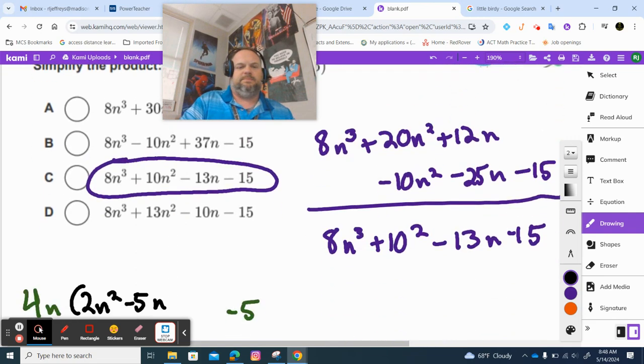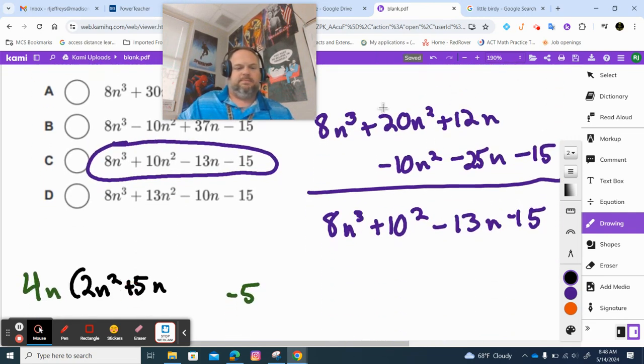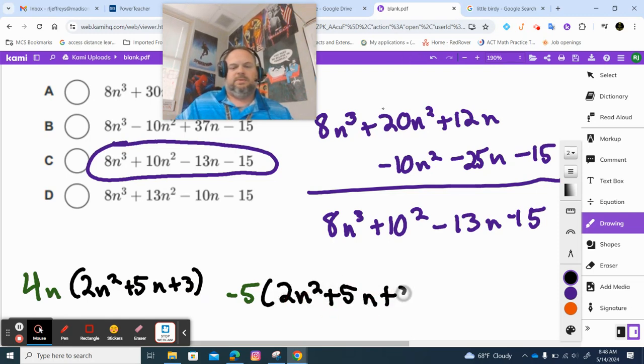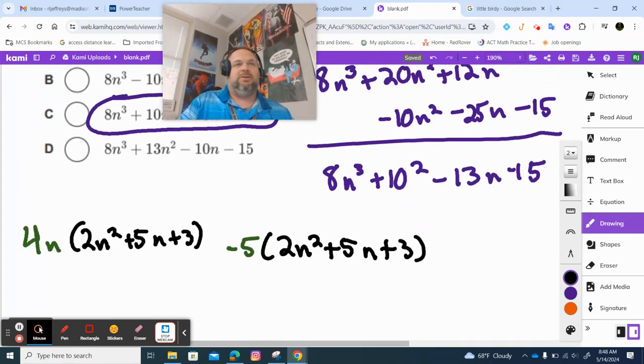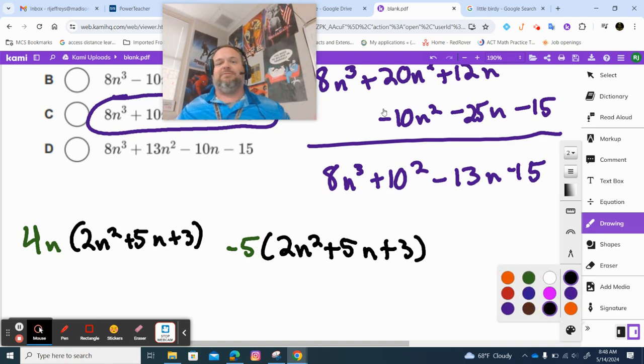That's it. You multiply everything. You multiply all the numbers and you add the exponents. It's not that I just multiply some things and not the others. I multiply everything.